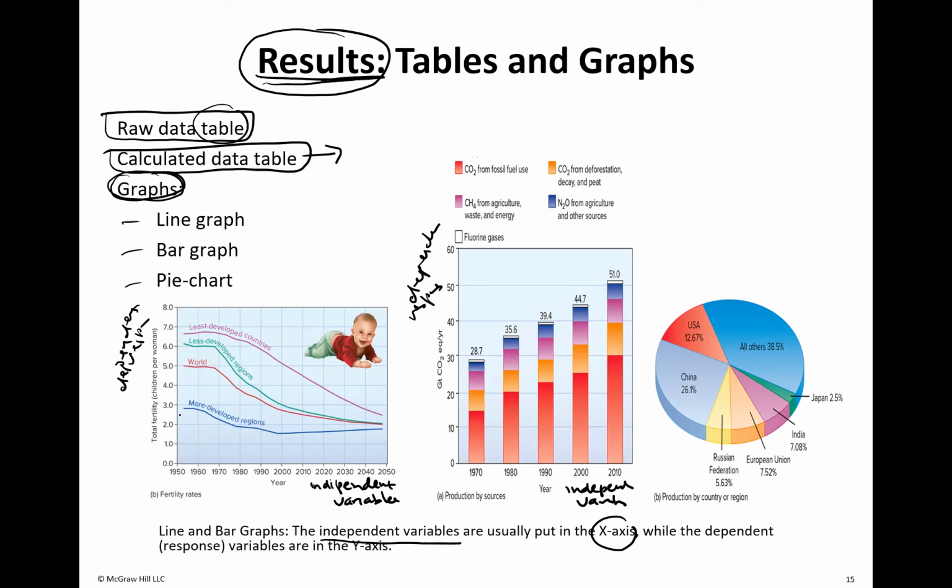So if you see the response in 1950, in the least developed countries, there are maybe about 7 children per woman. Compared with the more developed countries, there are only 3 children per woman. So this is the response in 1950.